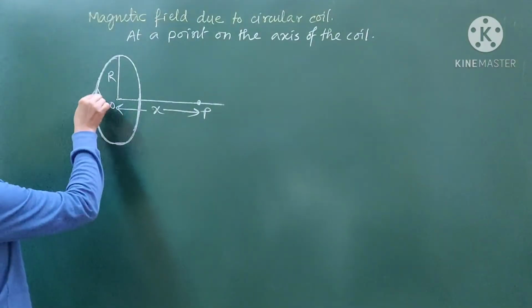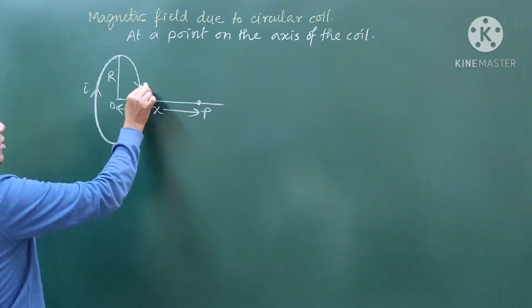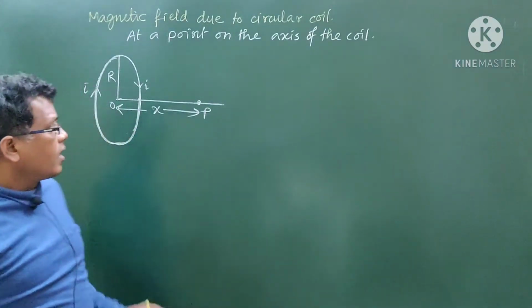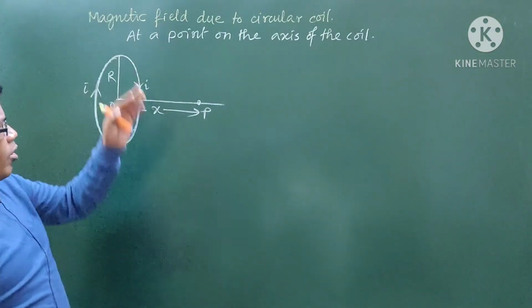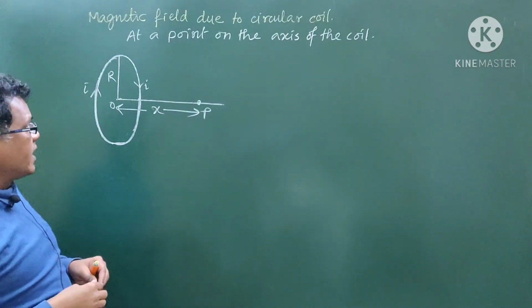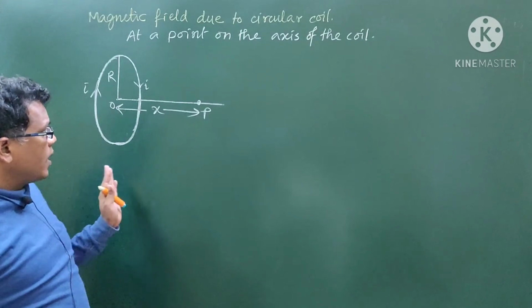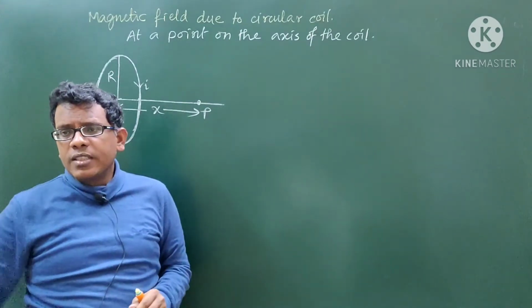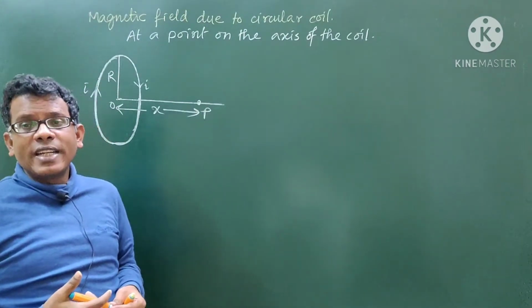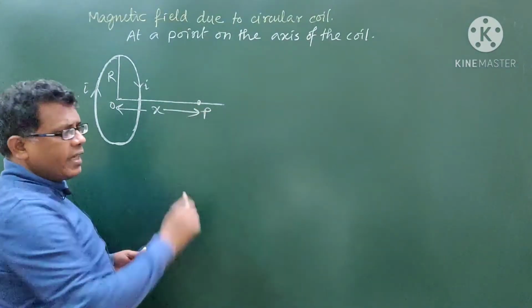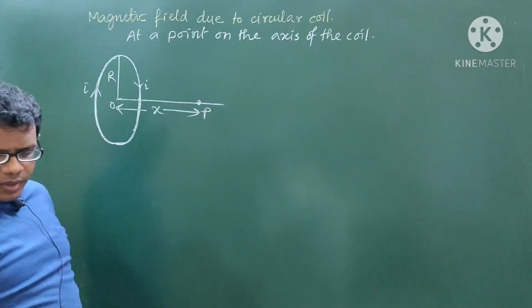Let the current flowing in this circular loop be I, whose radius is R, and x be the distance of the point from the center. Now we need to know the magnetic field at this point.